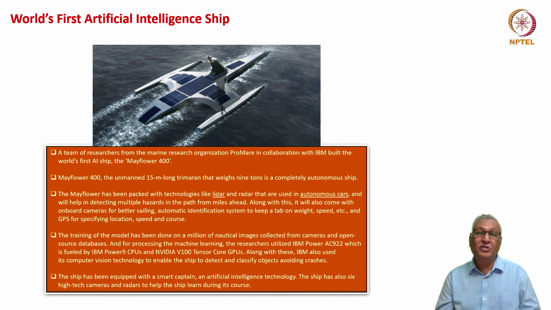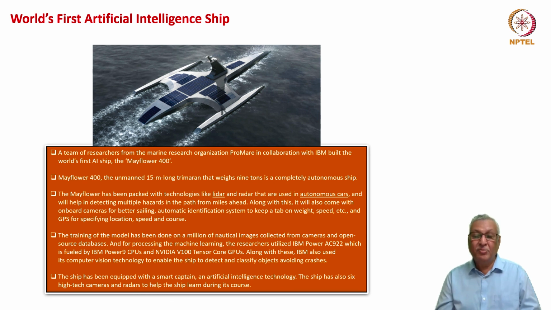It will also come with onboard cameras for better sailing, an automatic identification system to keep a tab on weight, speed, etc., and a global positioning system for specifying location, speed, and course. Already, the model has been trained on 1 million nautical images collected from cameras and open source databases. And IBM's powerful computers are being used to run and test it.